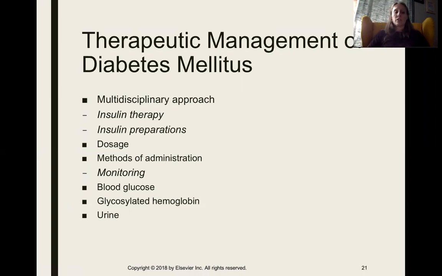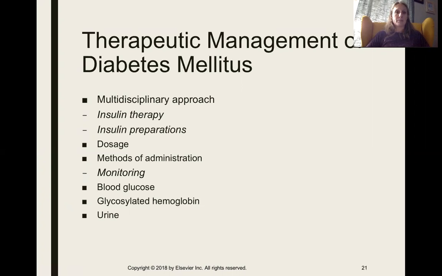When we look at how to dose the insulin, it's going to be determined by the blood glucose level. So some of the insulin can be administered via pump, and sometimes all of the insulin can be administered via a pump. But the blood glucose level is going to determine what amount of insulin is administered.